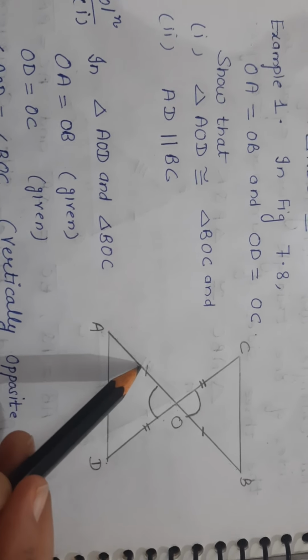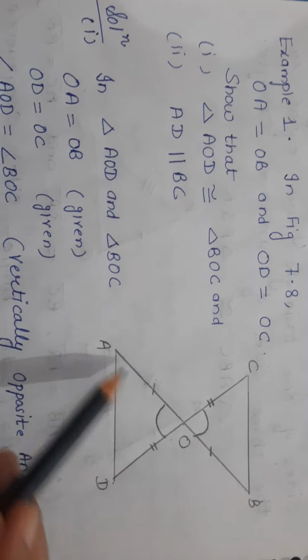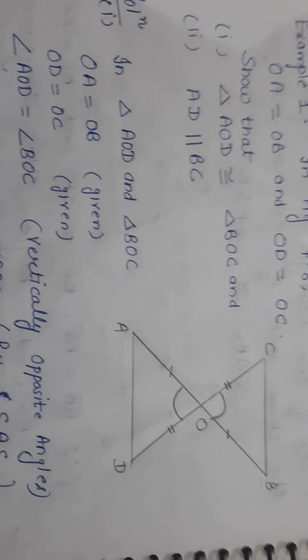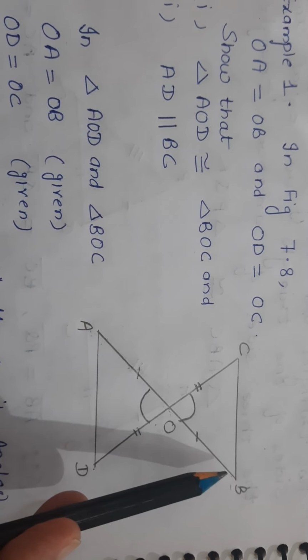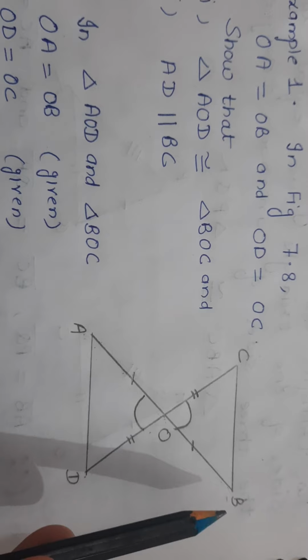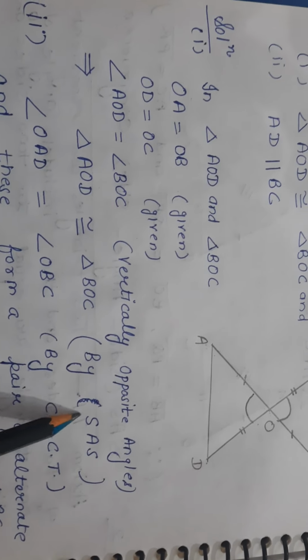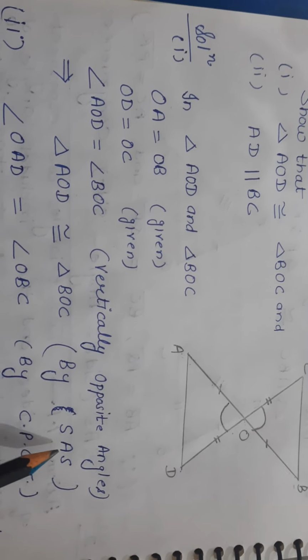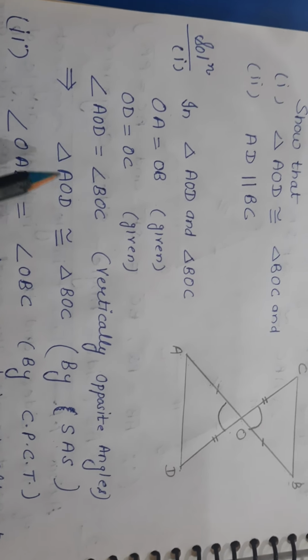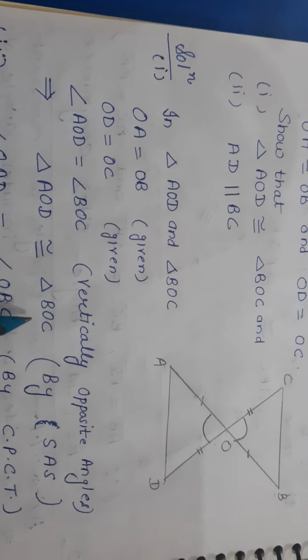Two sides OA, OB are equal, sides OD and OC are equal, and the included angle AOD is equal to the included angle BOC. So by SAS criteria, these two triangles are congruent.